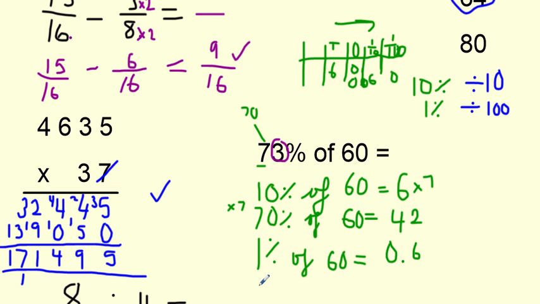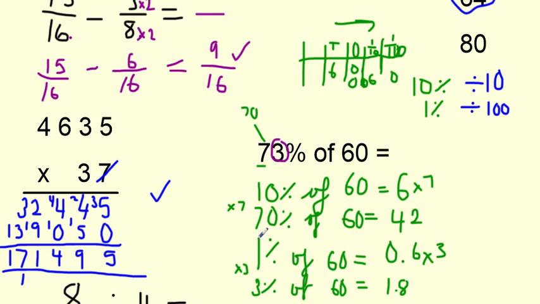So I know what 1% is, so how can I use that to find 3%? Well, if I multiply 1% by 3, that would give me 3%. So to find the 3%, I have to multiply this side by 3. Now 0.6 multiplied by 3, well, I know 6 times 3 is 18. So 0.6 times 3 will be 1.8.